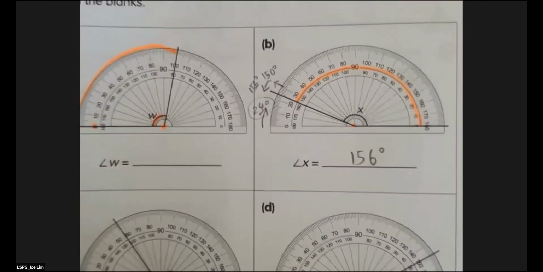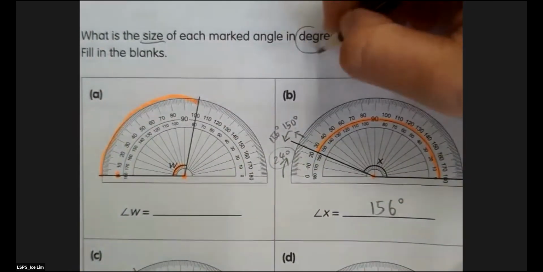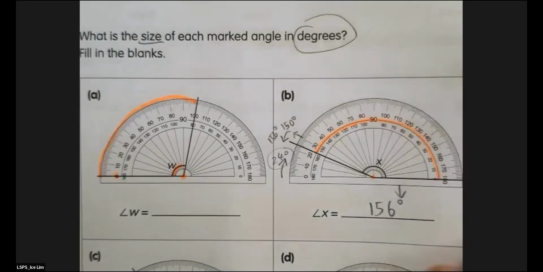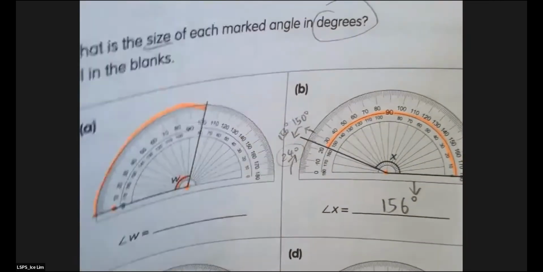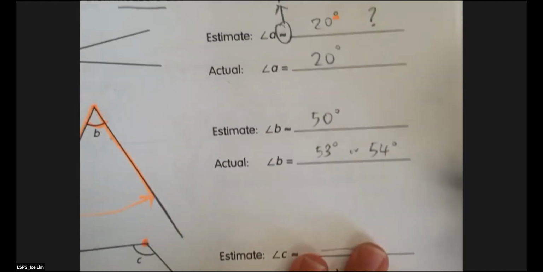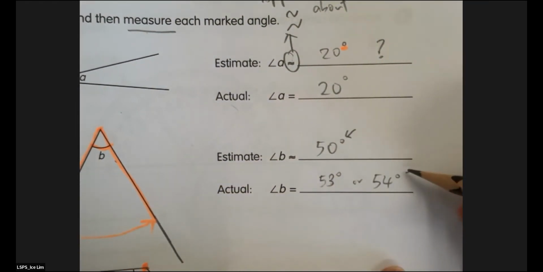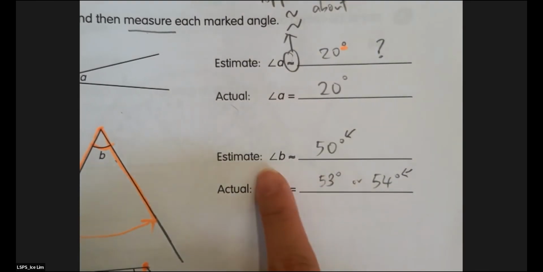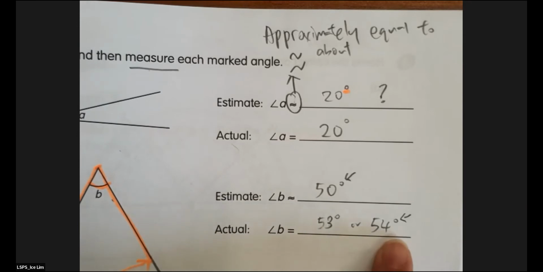One of the biggest problems was making sure you write down the degree symbol. So make sure you have the degree symbol. On page 149 as well, please make sure you have written down the degree symbol. Whether it is the estimated approximate size, or the actual one that you measure, make sure you have the degree symbol.